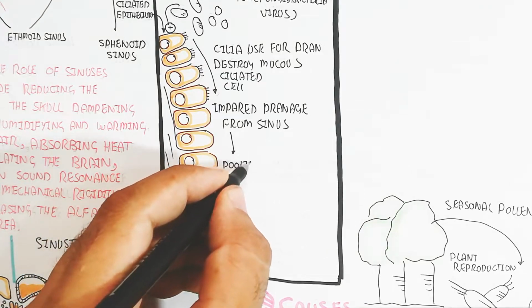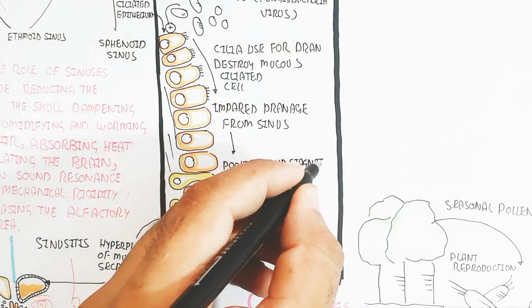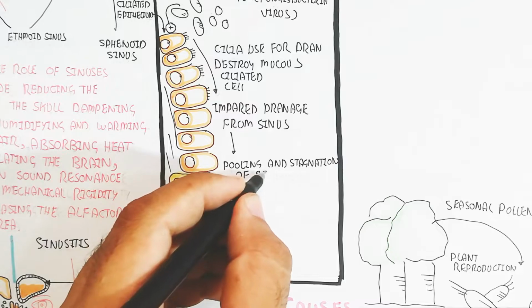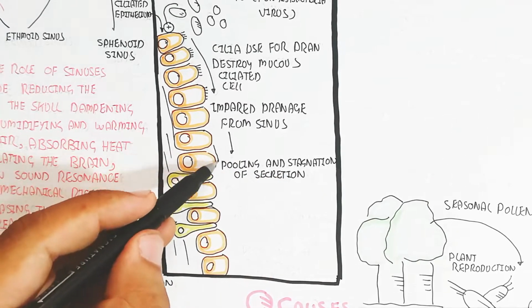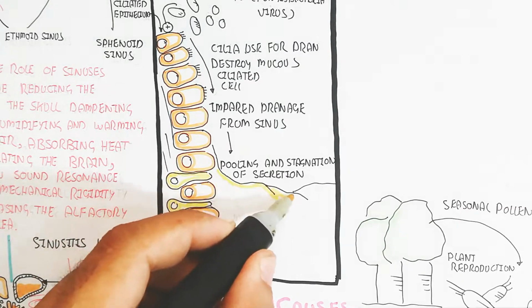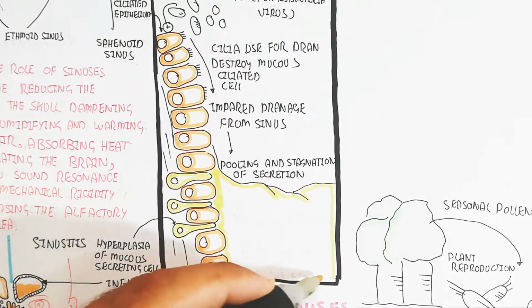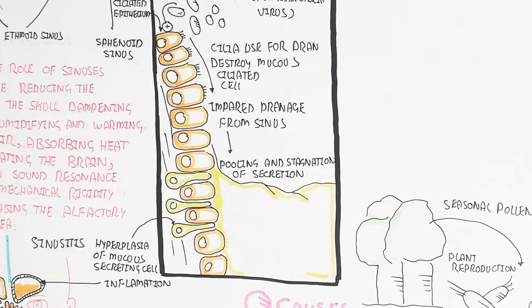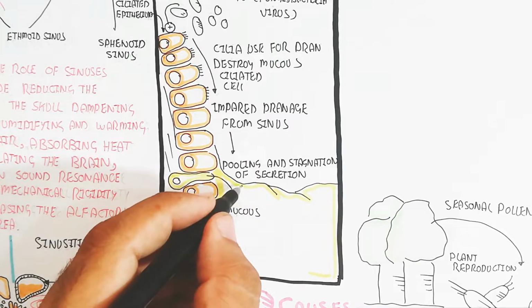On the other hand, hyperplasia of mucus-secreting cells will also release more mucus due to the infection, but the mucus will not be expelled because the cilia are not present, and the function of the cilia is basically to expel this mucus.